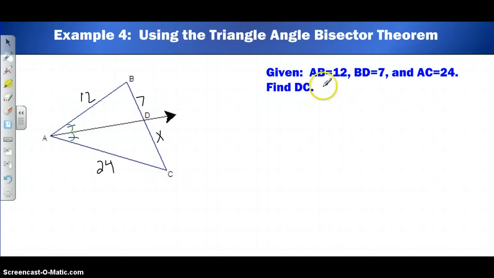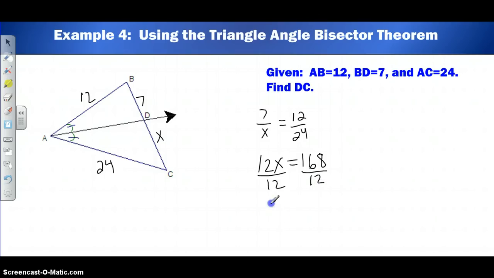So using the theorem, I'm going to set up a proportion. 7 is to x as 12 is to 24. And now it's just a matter of solving. So now we will cross multiply, and we get 12x is equal to 168. And then we'll divide both sides by 12. And then x is equal to 14.